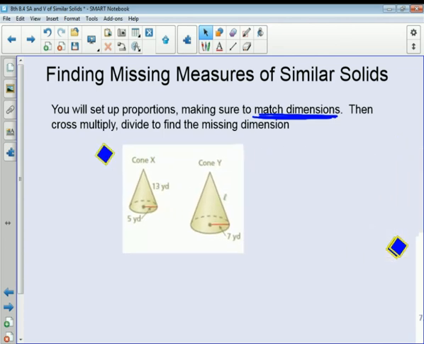Okay, so here I want you guys to go ahead, pause your video and try this one out. You don't have to do any figuring other than setting it up as a proportion and then using cross multiply divide. Go ahead and pause your video and work through this one.